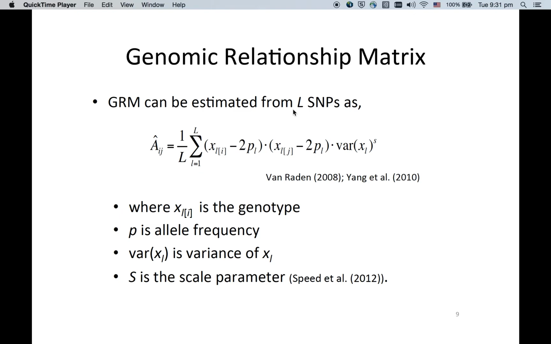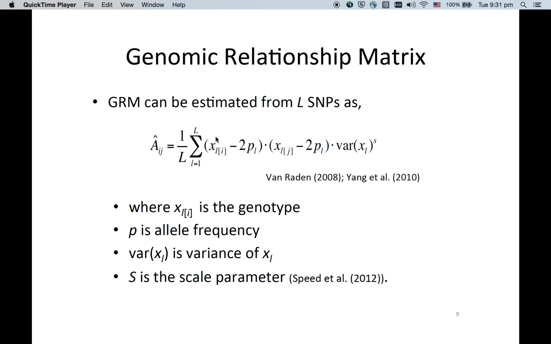Before going into detail, I'd like to show briefly how to construct the genomic relationship matrix. This A, the genomic relationship matrix, is a function of a product of genotypes from a pair of individuals. 2p is the mean of allele frequency. This x is the genotype for individual i, and this one for individual j.